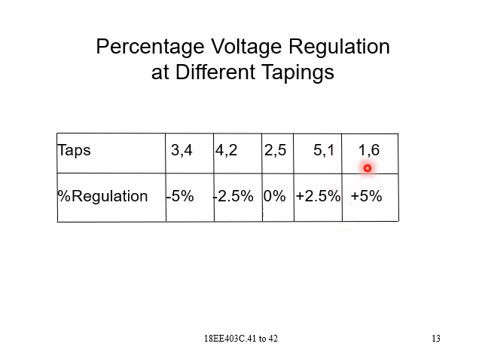And when the taps 1 and 6 are connected, then the percentage regulation is 5%.